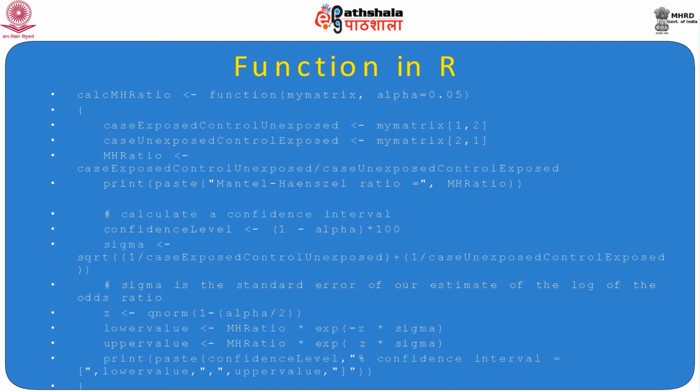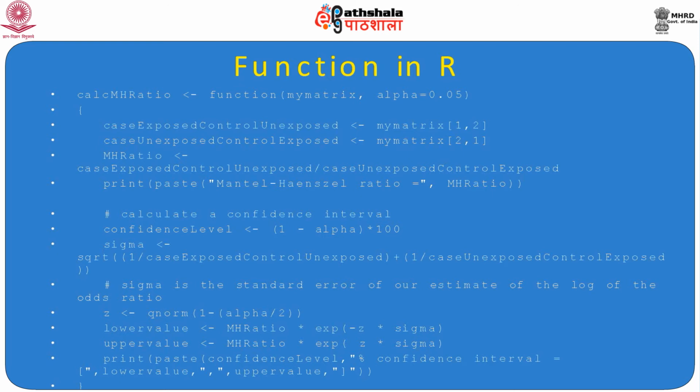The sigma is the standard error of our estimate of the log of the odds ratio. So you are requested to check the theoretical extensions for details about the mathematical formula to calculate the MH ratio.